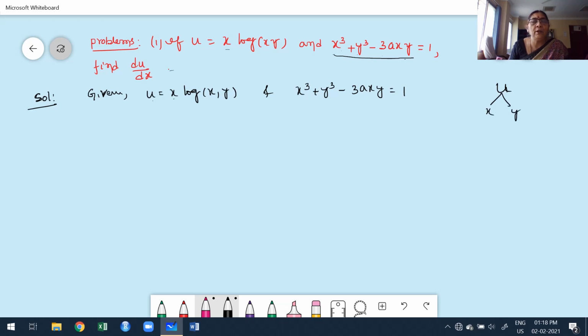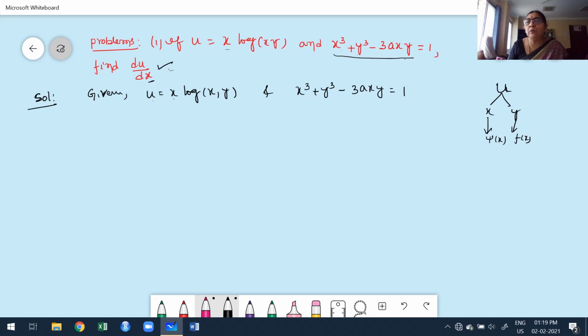But I want to find du by dx. Understood, y is a function of x, and x is a function of itself. You know that from the definition of ordinary derivative, if you want to find an ordinary derivative, how many independent variables are expected? Only one. What is that independent variable? Nothing but x.